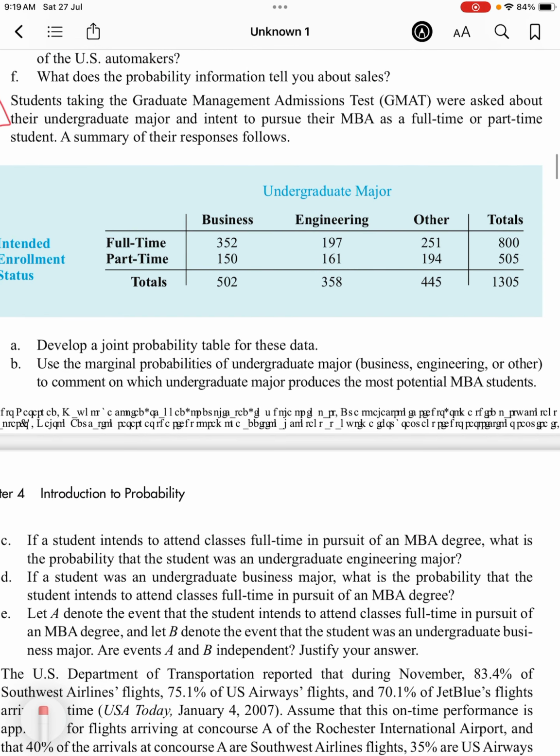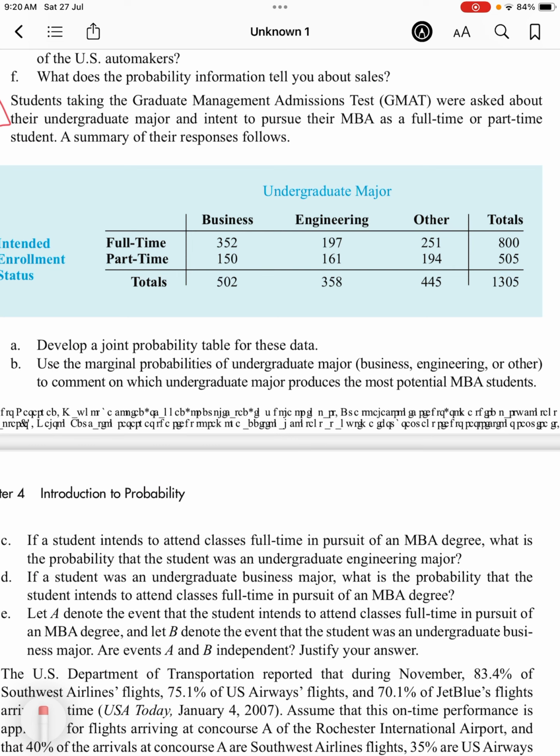Before you begin, you must define new events. You cannot write the word business in the joint probability table. You must use events that show probability. These are not probabilities, these are numbers.